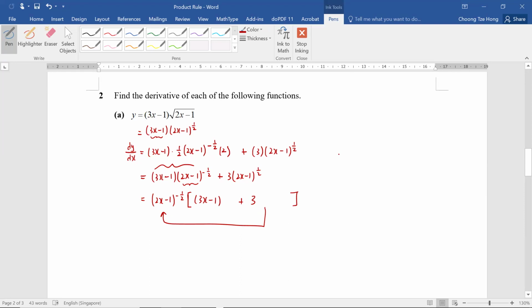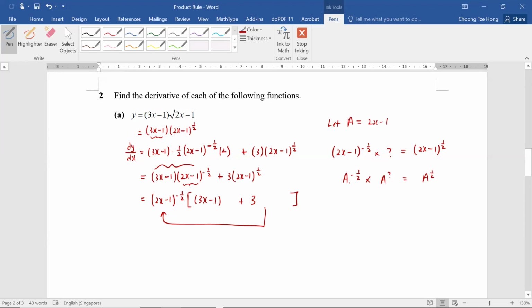Okay, so let's try to ask ourselves this question. So basically, what we are trying to find is this one times what will give me 2x minus 1 to the power of half. Okay, so let's change this into a different form. Let a be this whole 2x minus 1. So here will be a to the power of negative half times a to the power of what will give me a to the power of half.